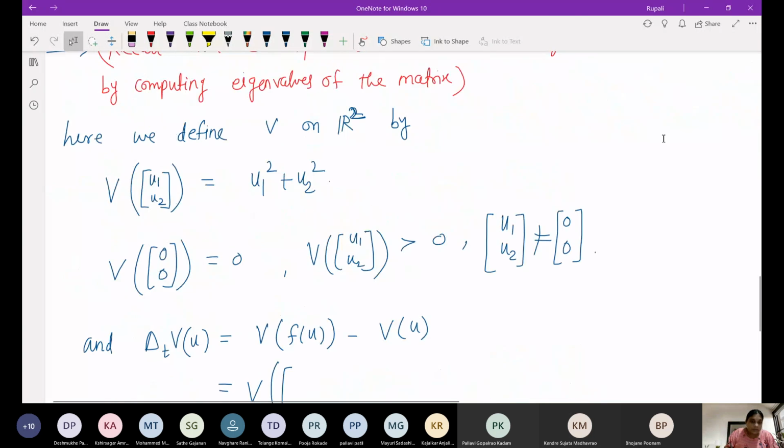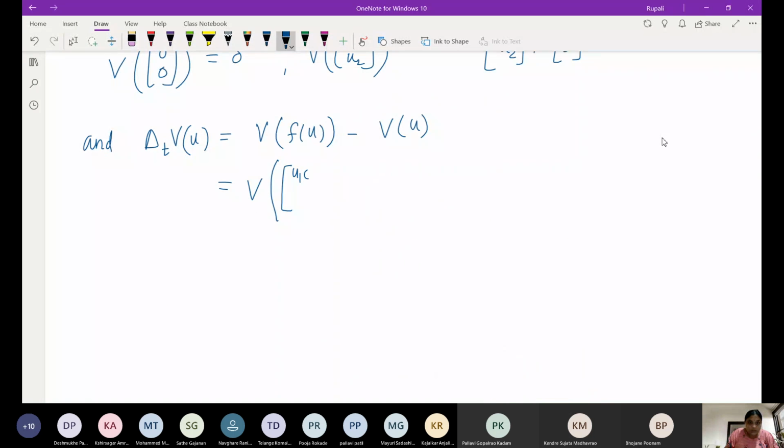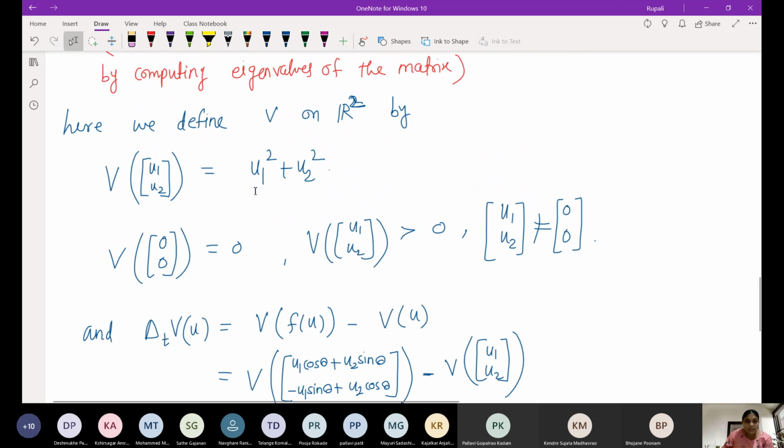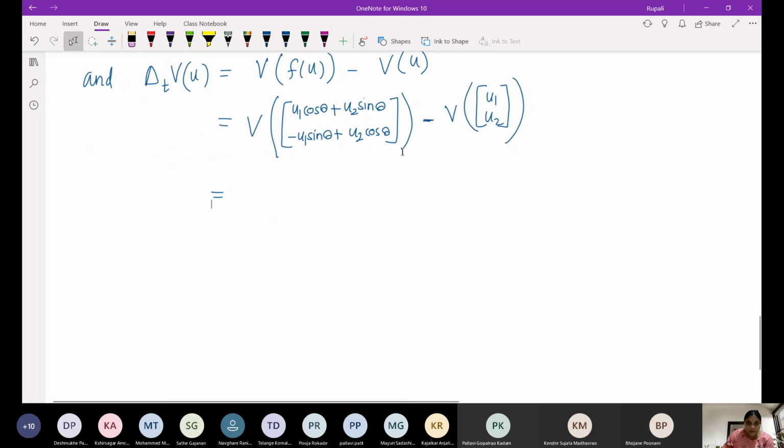So F at U is U1 cos theta plus U2 sin theta, minus U1 sin theta plus U2 cos theta, and minus V at U. What is V at U1, U2? U1 square plus U2 square.